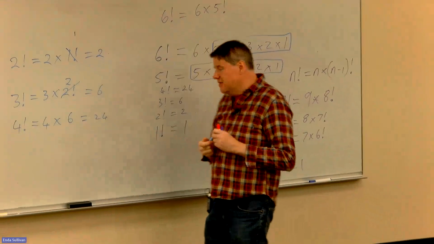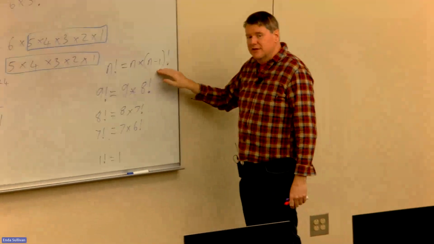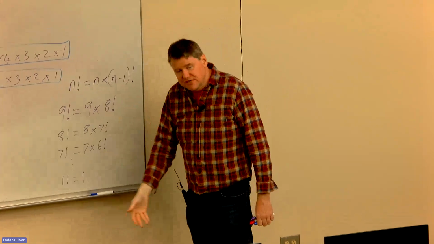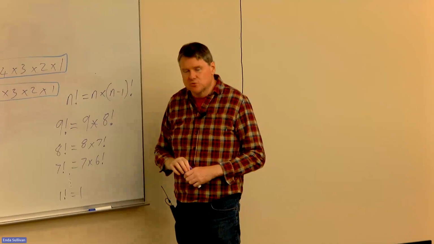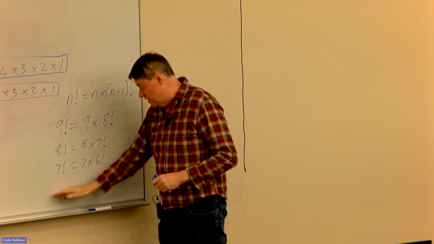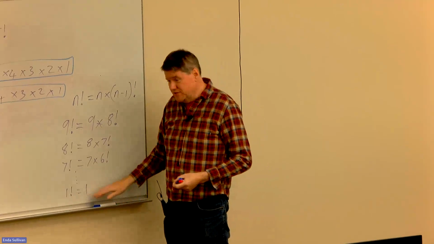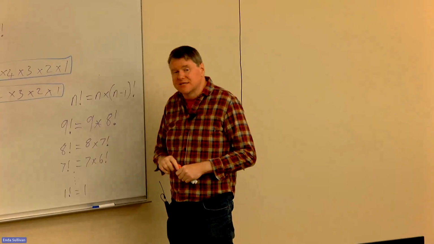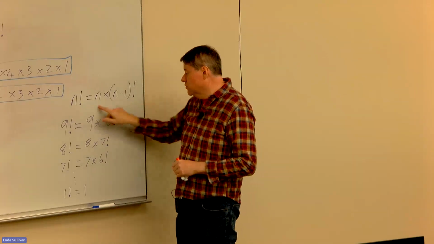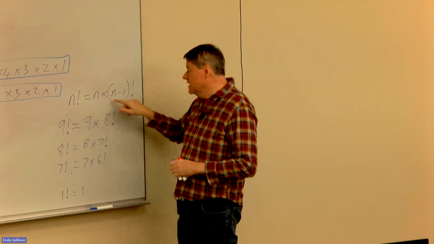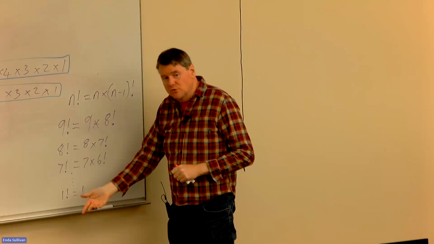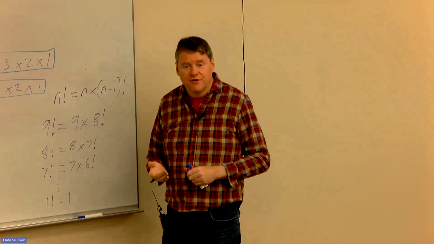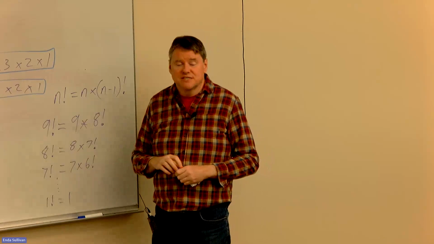So the definition of factorial is answerable as long as you know what the answer is to the previous question. Or to phrase this in a different way, there is a base condition which is true for factorial, which is that the factorial of 1 is 1. And eventually, if you work your way down to that base condition, you can solve any factorial by simply calling the factorial of the number before you and figuring that out first. So if I want the factorial of 65, I must first figure out the factorial of 64.